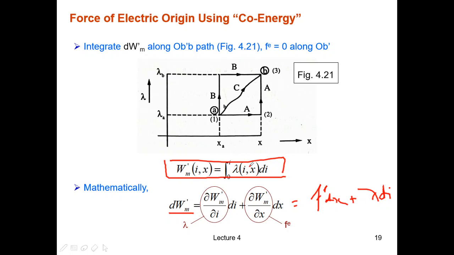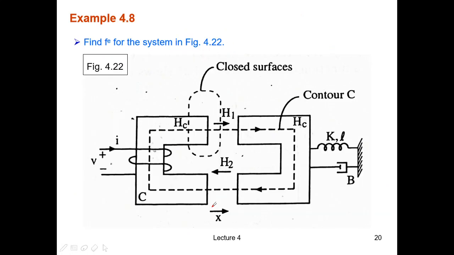So if you have a magnetic structure and we can find the function lambda as a function of the two variables I and x, then we can go ahead and calculate the Wm dash of I and x like this, and then apply this formula to calculate the force. So this is the example for you to see how we do that.